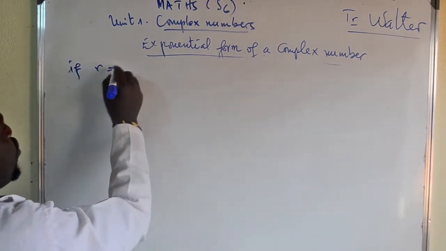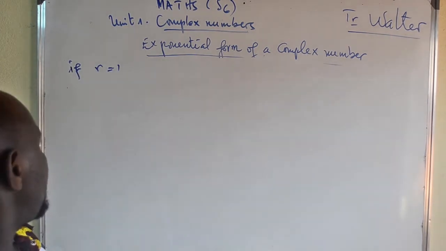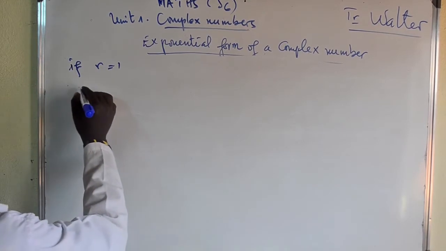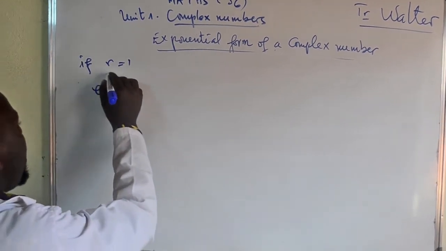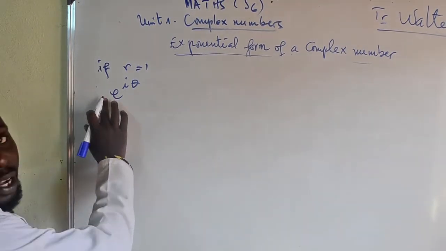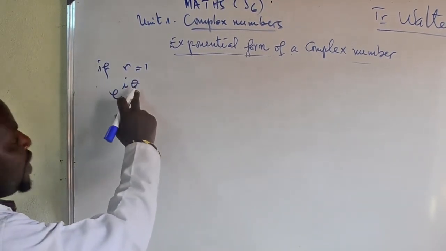If r equals 1, we shall have e power i theta, which means that r is 1 and the argument is theta.